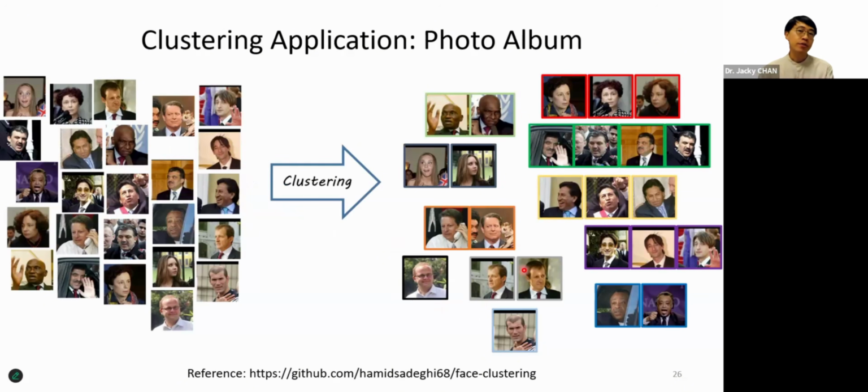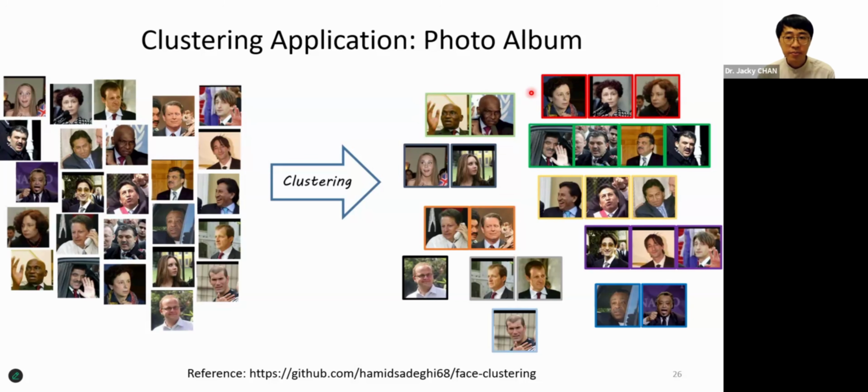There are some applications that we can do with clustering. For example, we have lots of photos. Now we take photos anytime, anywhere, but we don't have time to tag them. Then we can make use of clustering. Clustering can help us put photos of the same person into groups, based on who appears in the photos.